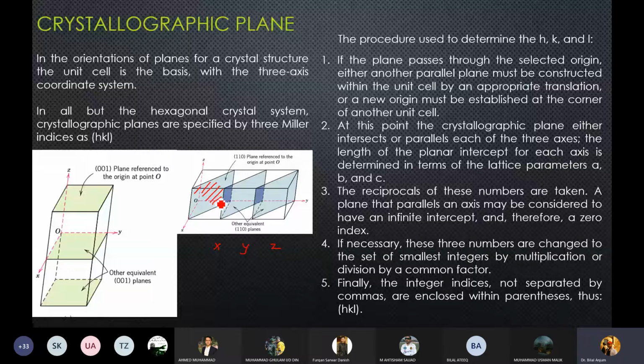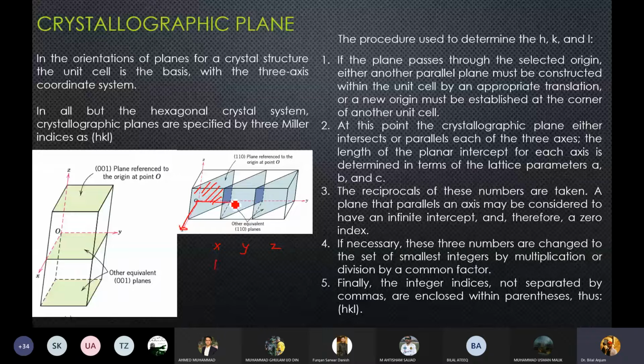Now, if that condition is satisfied, I move to the second step and I find out the intercepts of the plane with the x-axis. The intercept for the plane with the x-axis is 1. The intercept of the plane with the y-axis is essentially 1.